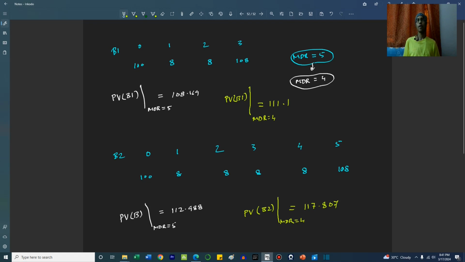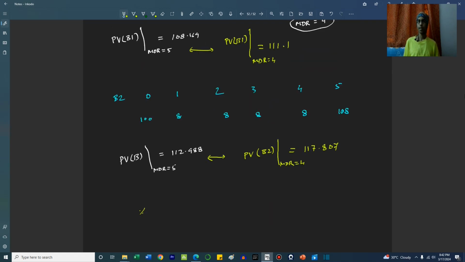Now if we try to take out the differences, the percentage price change, see what happens. So percentage price change for B1 is equal to 111.1 minus 108.169 divided by 108.169, which is the initial value.